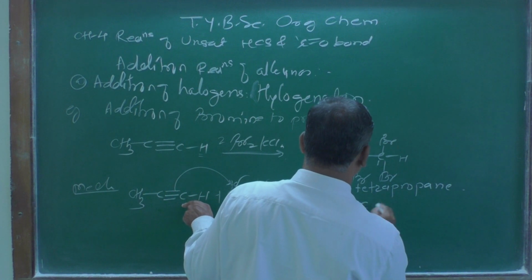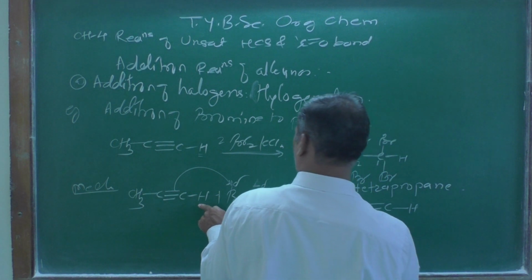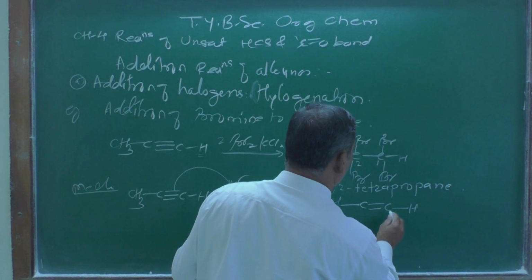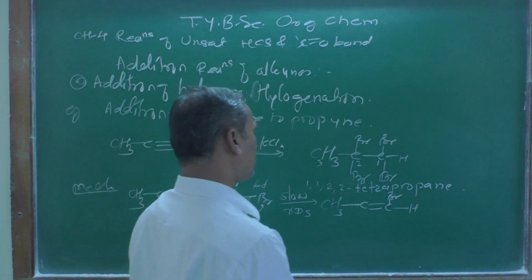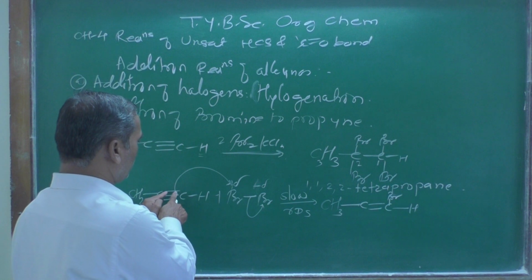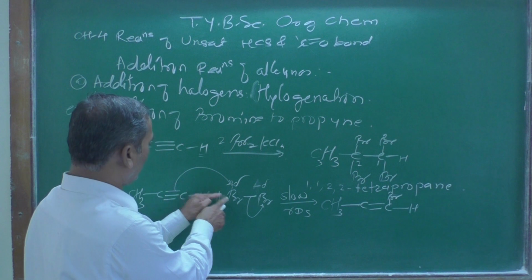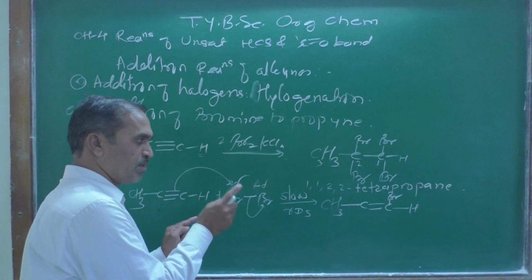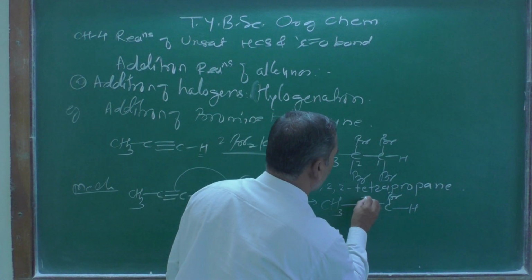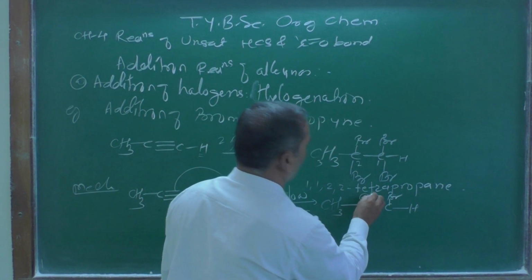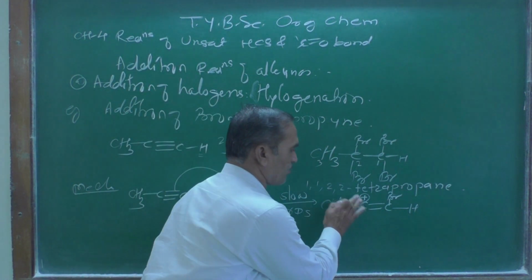CH3, then C double bond C, one hydrogen atom already there and one Br attached.